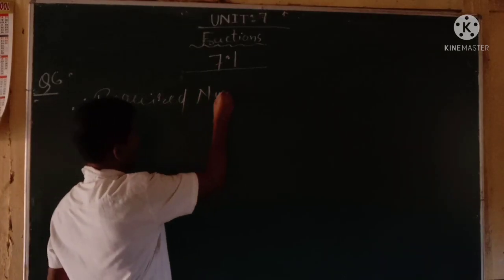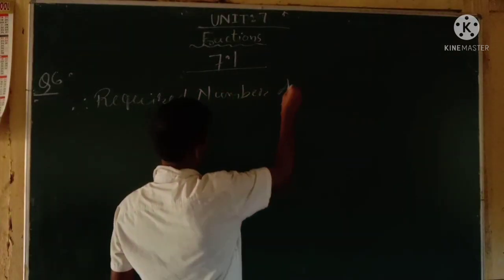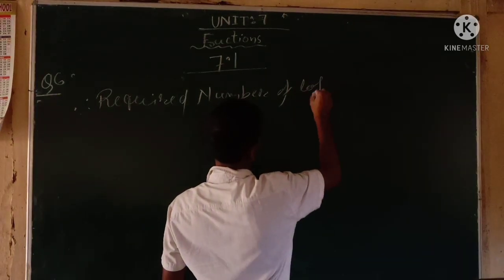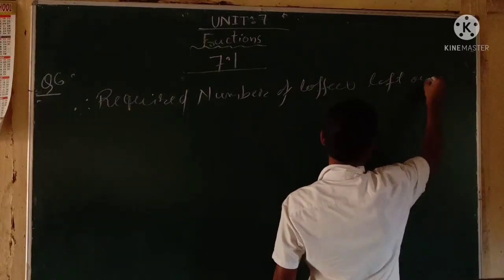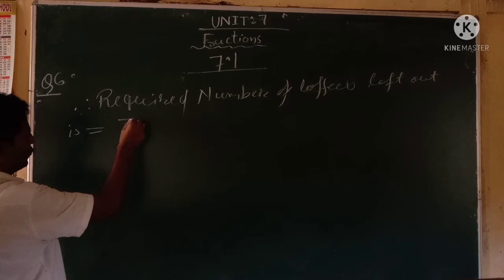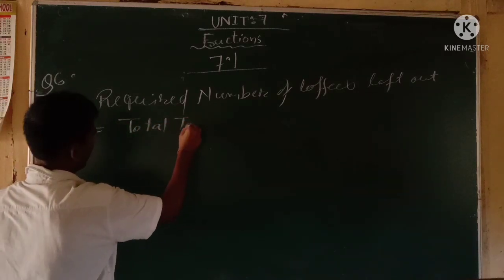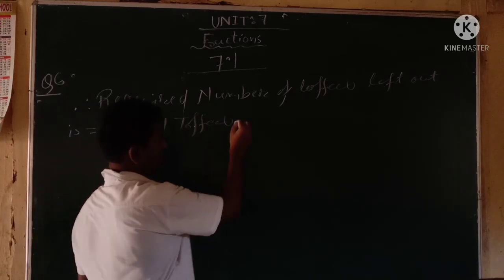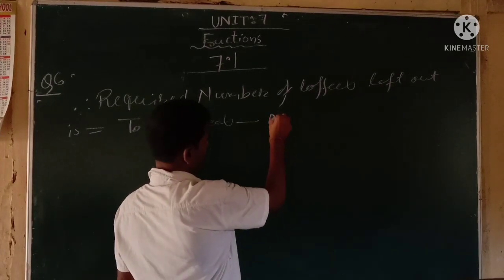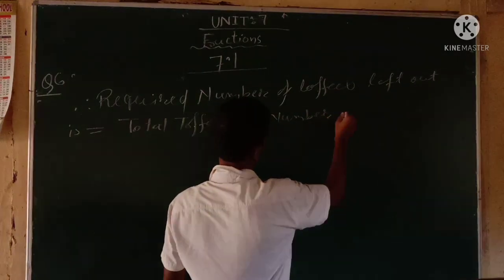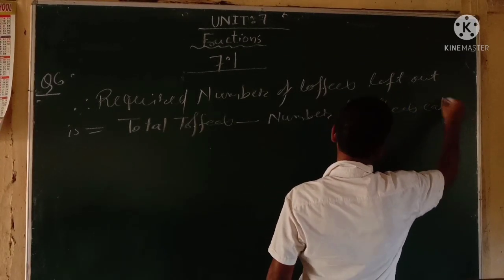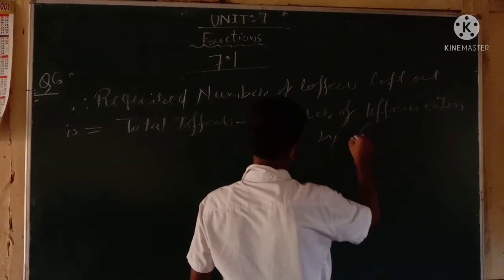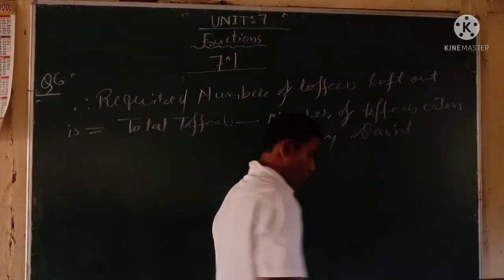Required number of toffees left out is equal to total toffees minus number of toffees eaten by David. Okay, don't be confused.